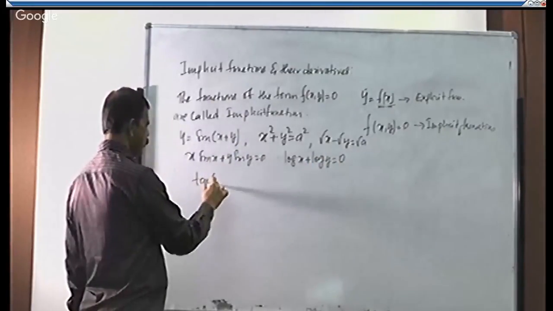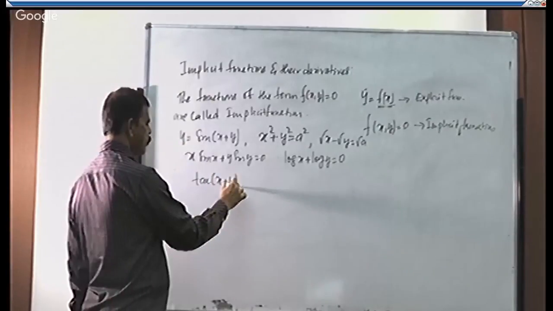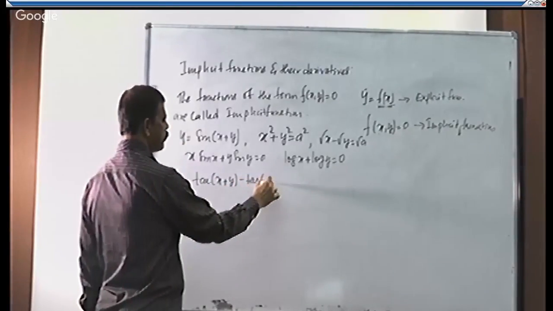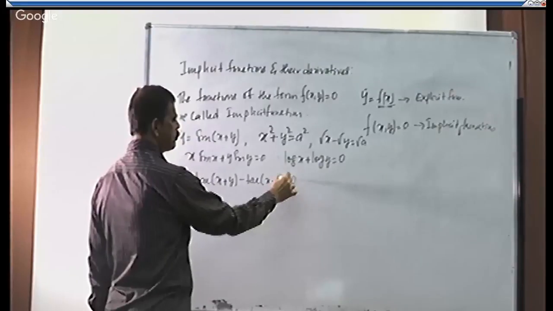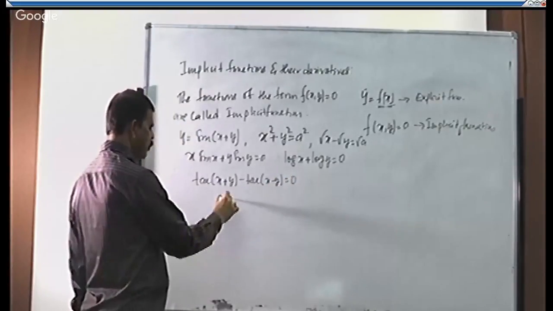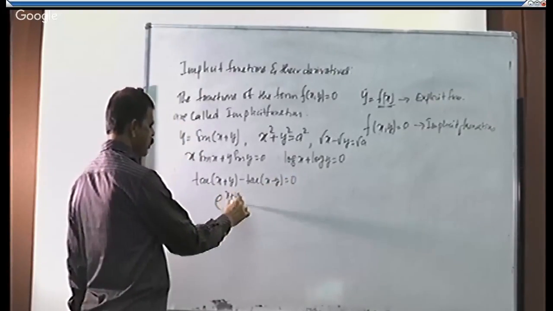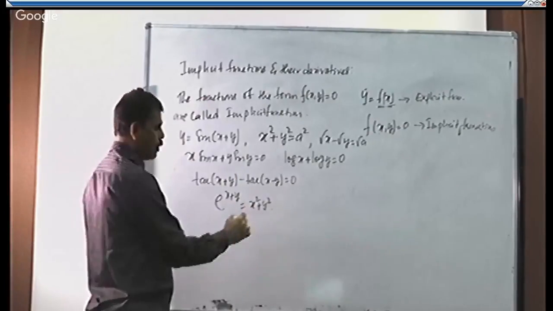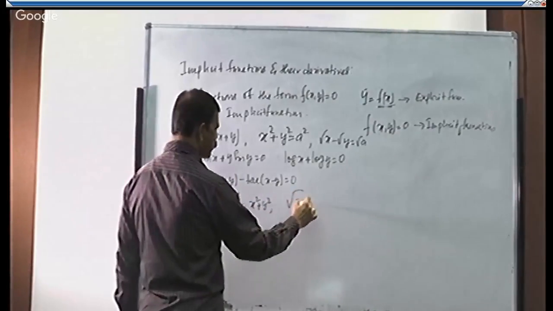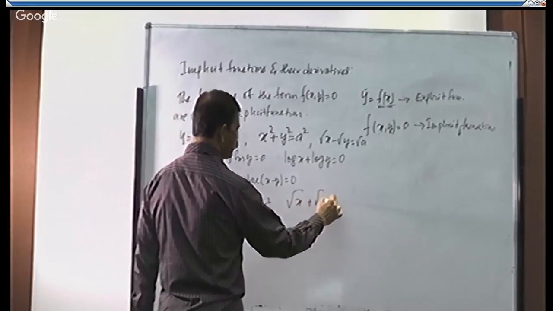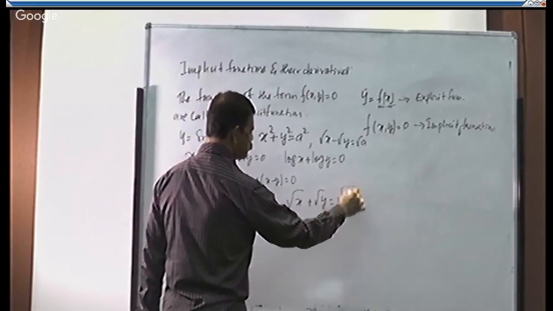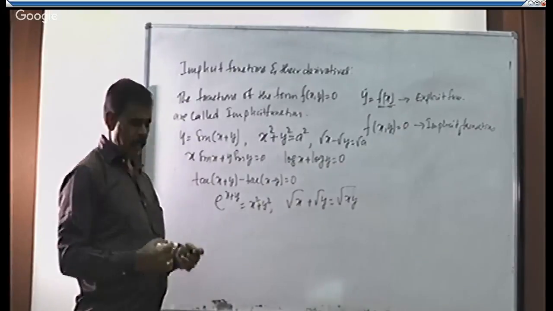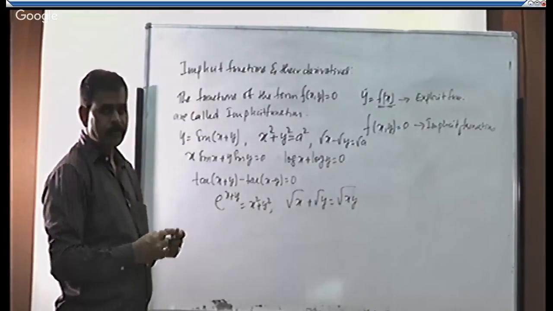Tan of x plus y minus tan of x minus y is equal to 0. E to the power of x plus y is equal to x square plus y square. Root of x plus root of y is equal to root of xy. So they are all examples for implicit function.